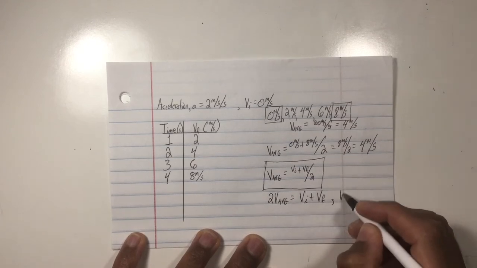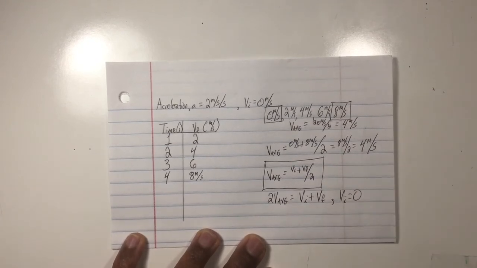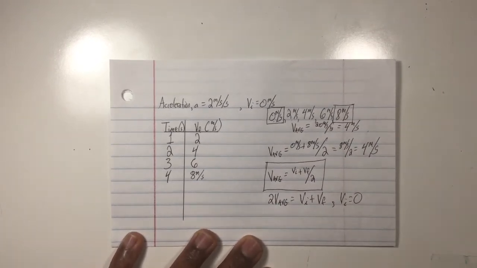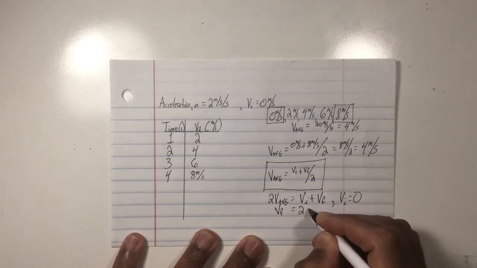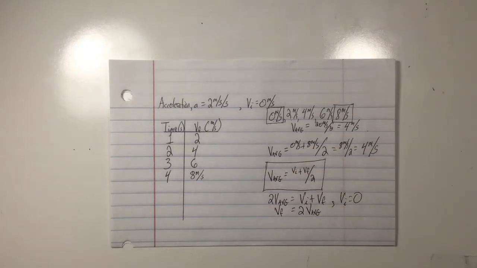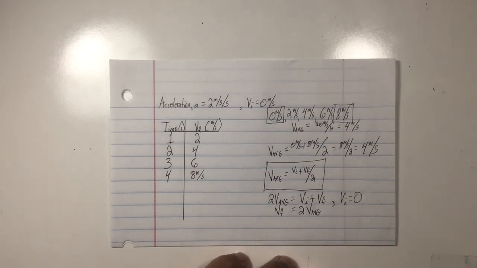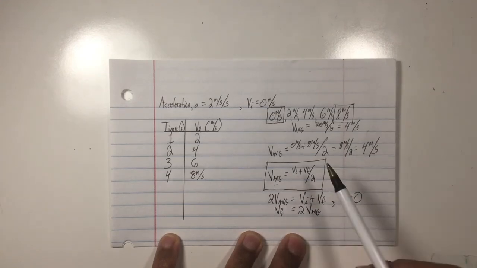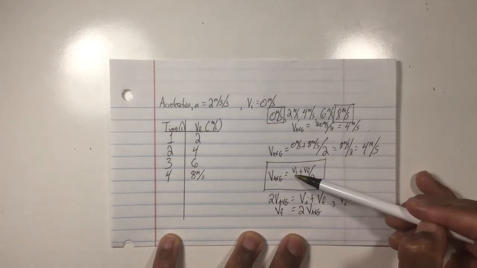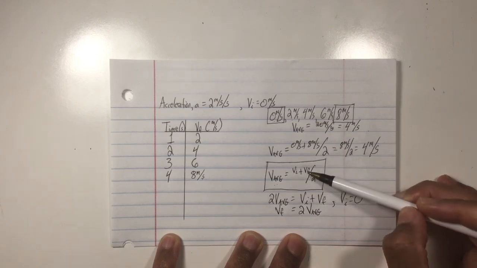If VI is 0, then I just have VF equals twice the average velocity. So this is our equation. When we're talking about accelerated objects or accelerated motion, we have a value for the average velocity in terms of the initial velocity and the final velocity.